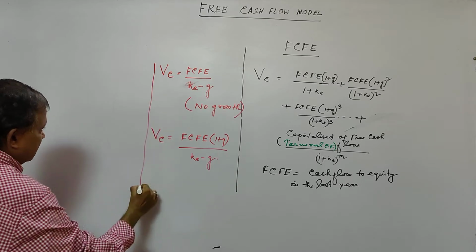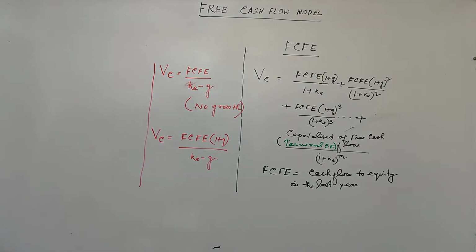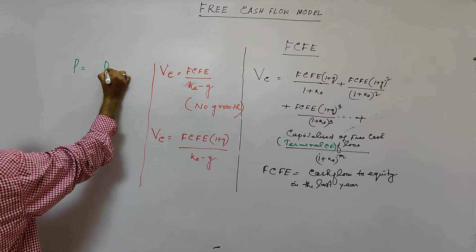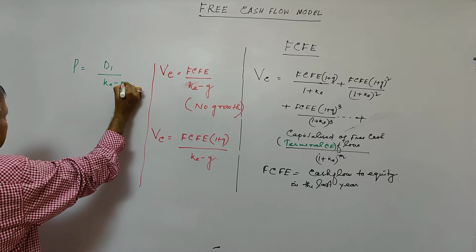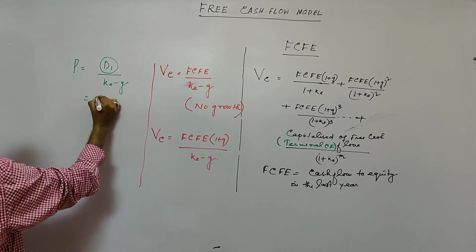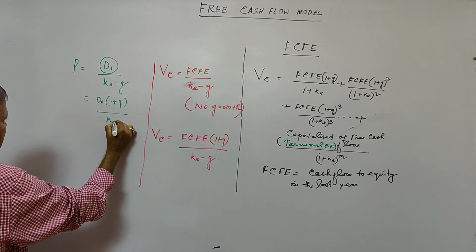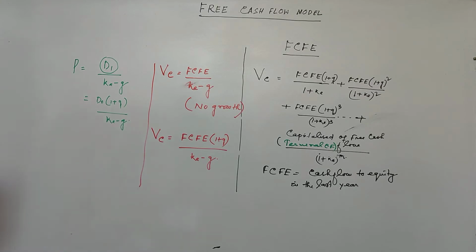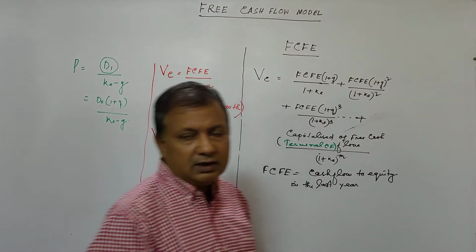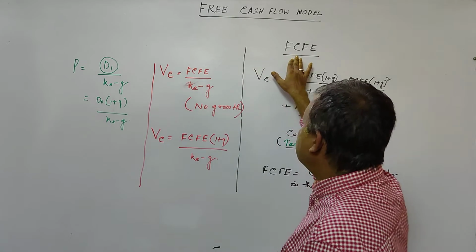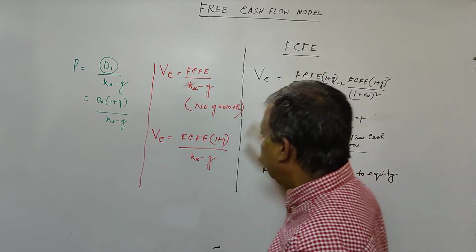Just let me write here the Gordon model for comparison. In the Gordon model, P equal to D1 by KE minus G, where D1 is equal to D0 into 1 plus G. So this was the price as per the Gordon model. So there is a similar situation between this Gordon model and your free cash flow model.